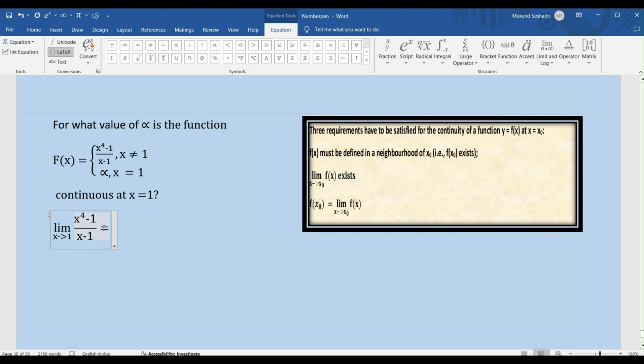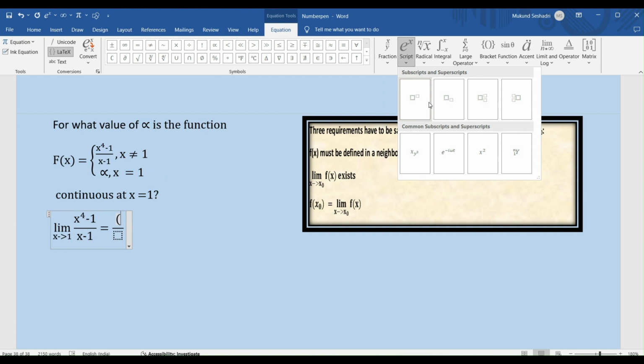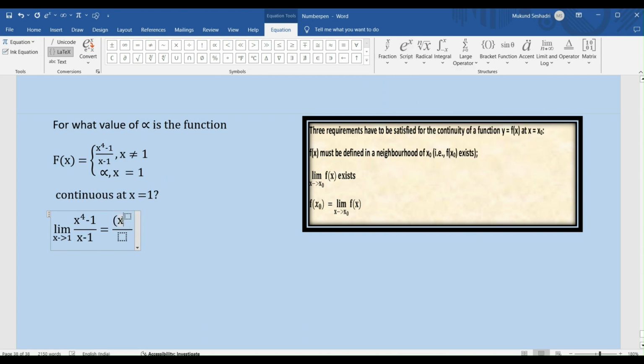So this one is again of the type a square minus b square, so I can write this as x square minus 1 into x square plus 1, and then divide this by x minus 1, right? Is this further available for simplification? The answer is yes, right? And why is that?